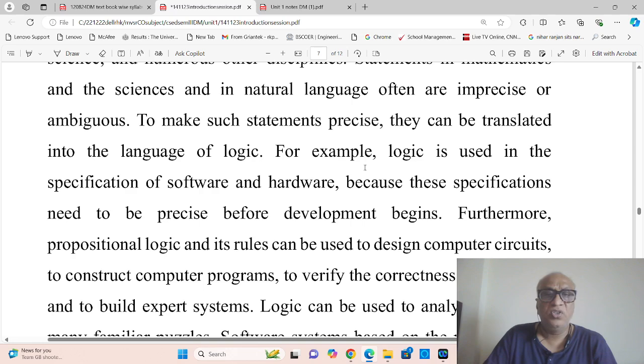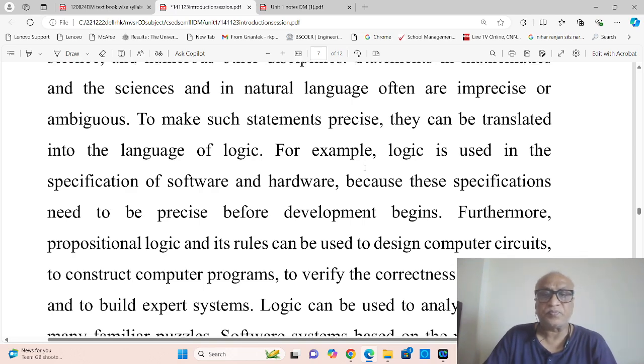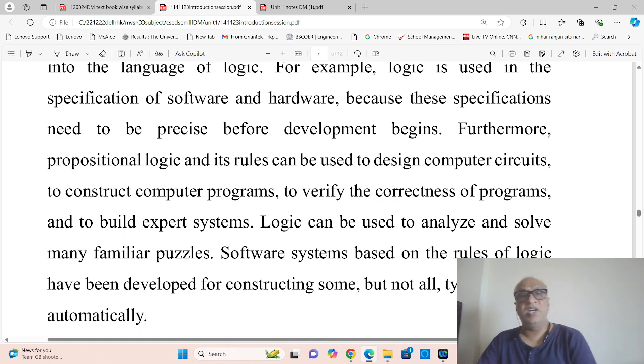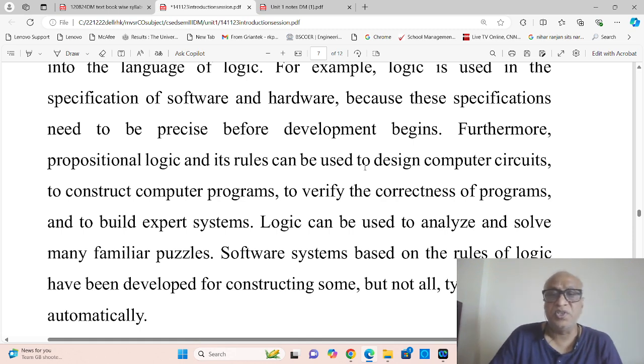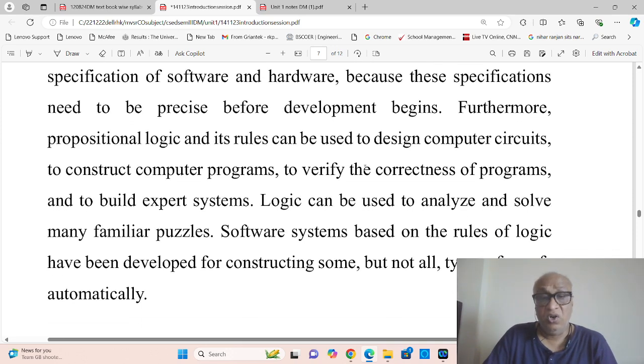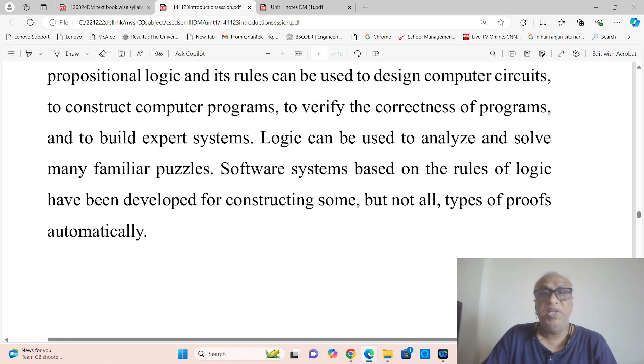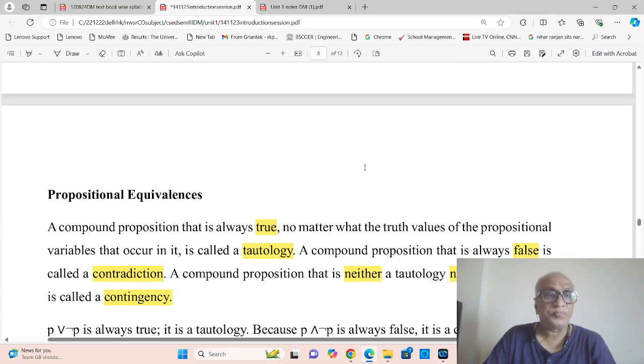That's why logic is used in specification of software and hardware, in computer circuit design, designing a computer program, verification of the correctness of a program, and building of expert systems. Logic can also be used to analyze and solve familiar puzzles. Many software systems are based on rules of logic, but not all.